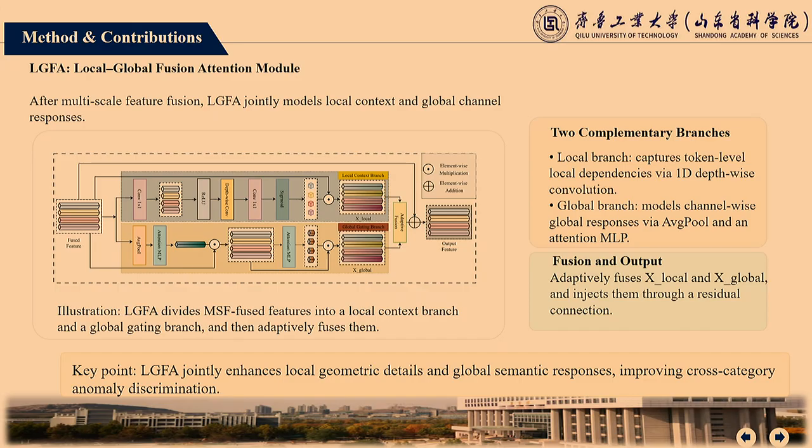Then the local and global features are adaptively fused and injected into the output features through a residual connection. The key point is that LGFA jointly enhances the local geometric details and the global semantic responses, improving cross-category anomaly discrimination.